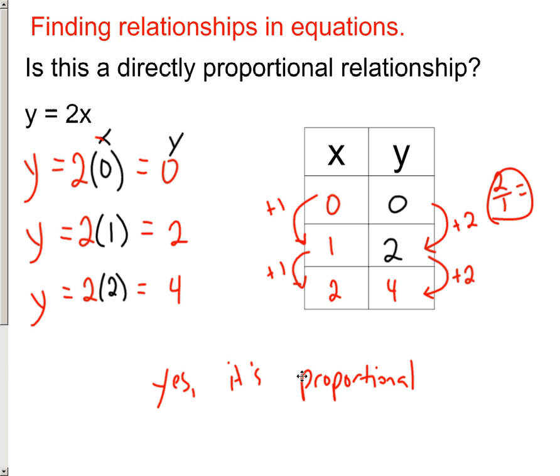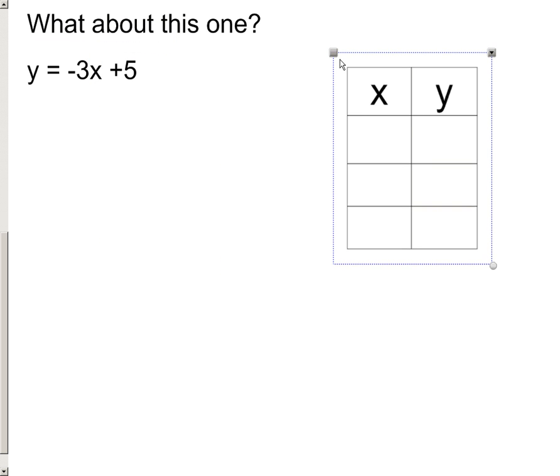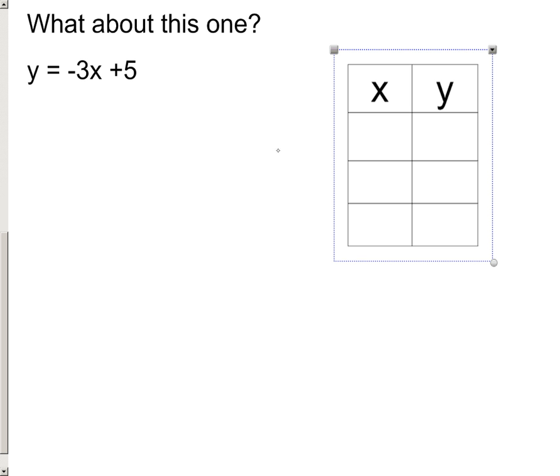Now, let's look at another equation that's a little bit more advanced, but it's the same idea. Is this equation representing a proportional relationship? Does this x directly change how this y behaves? Well, let's get our chart in here. Let's plug in some small numbers for x and check it.